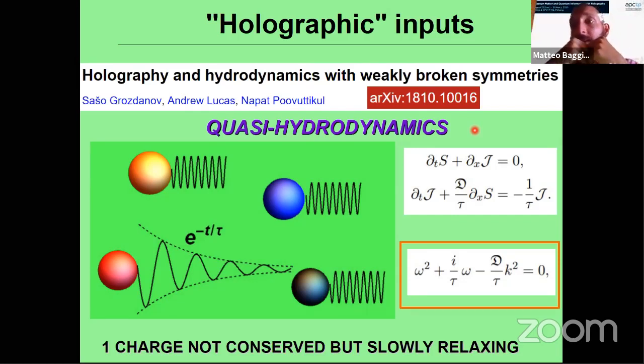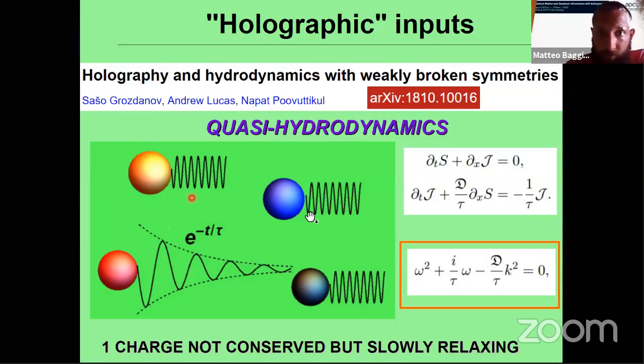Now imagine that one of these charges for certain reason is not conserved. So we put by hand that one of these charges has a relaxation time. This relaxation time can come from the breaking of some symmetry, right? So the symmetry associated with the conservation of this object is softly broken, and that's what we get. Now, if you do the computation, these authors showed very elegantly that this is enough to have an equation which looks exactly like the one we were discussing.